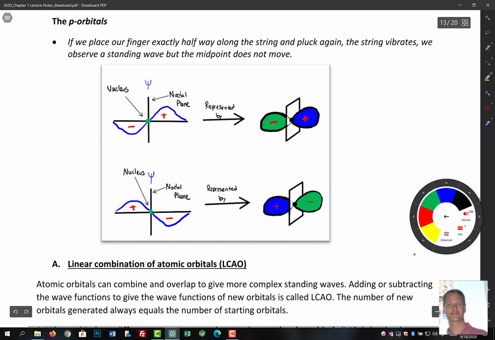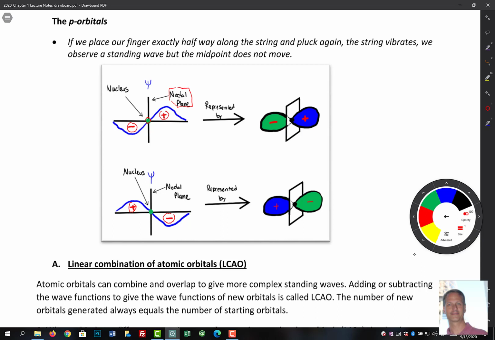You're positive on this side and negative over here, or positive on the left and negative down below. Notice in the middle, here's your nucleus, just like we saw before. But this position right here is a nodal plane. That's a spot where you're not going to find an electron.